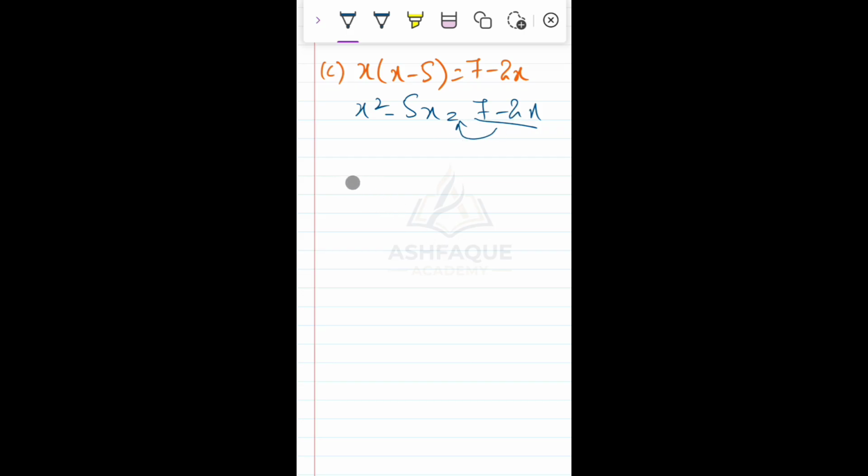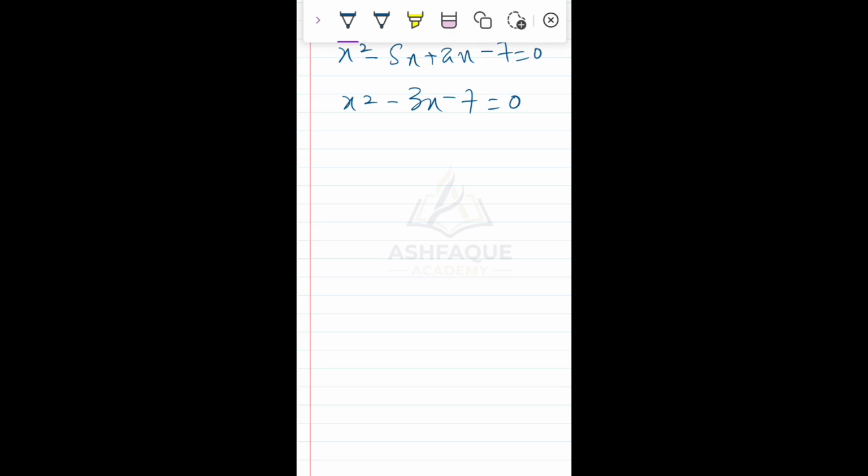It will be x square minus 5x plus 2x minus 7 is equal to 0. So minus 5x plus 2x will be minus 3x. So we got the quadratic equation.